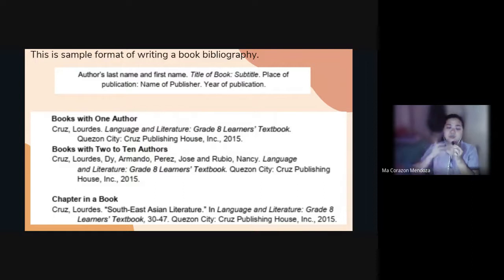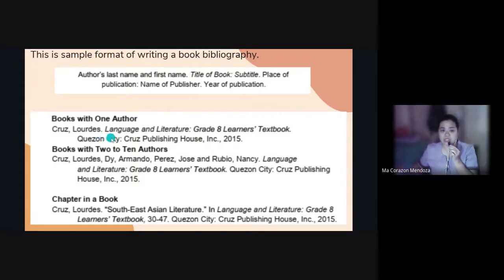Okay, so it seems in our example, the middle initial was already removed. So we will follow that. So Cruz, comma, Lourdes, followed by a period right after this one.